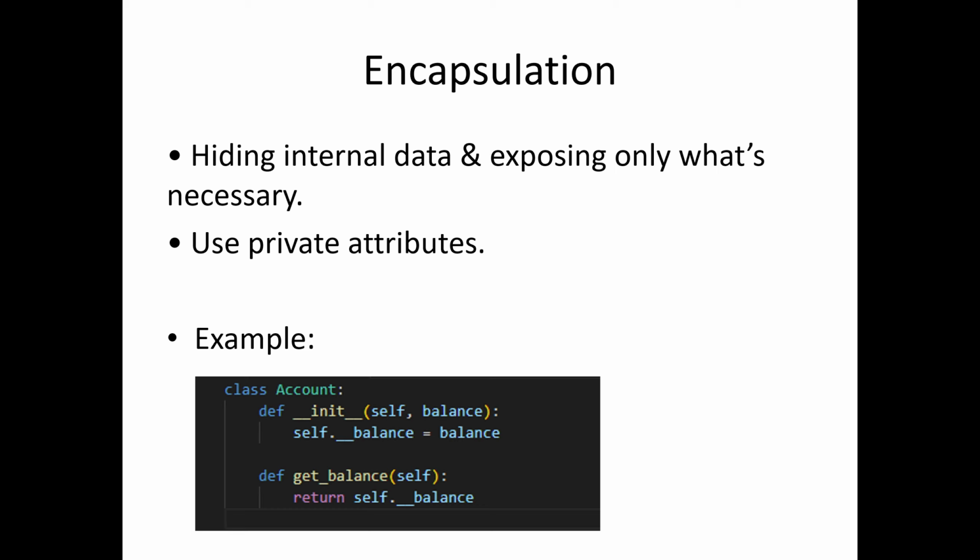The way we assign a private attribute is with double underscores, so the private one here is __init__. And why we do this is to protect the inner state of an object so that it doesn't get misused by outside code.